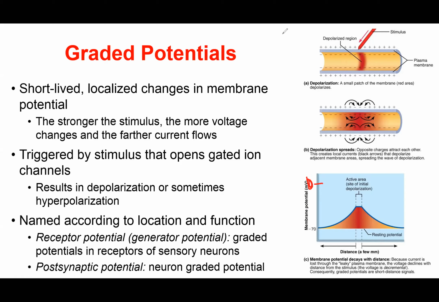We can see that a depolarizing stimulus is going to move us towards 0. And that depolarizing scenario is going to occur in a very local place on the neuron. As you get further away from where that stimulus occurred along the neuron, the less change that occurs down there, okay?